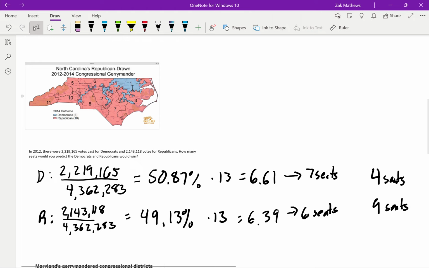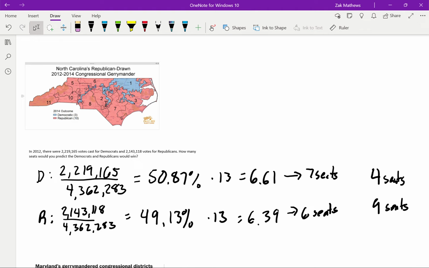So for instance, up here in North Carolina's 1st District, the Democrats won 250,000 votes, the Republicans won 76,000 votes. Keep in mind that difference there was 180-ish thousand votes. In North Carolina 2, the Republicans won 50,000 more votes, so more, but not nearly the same margin as in North Carolina 1st.